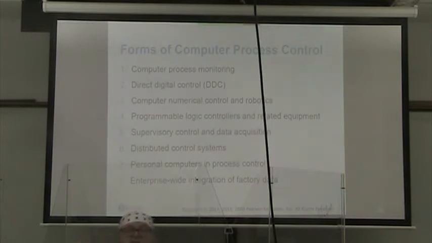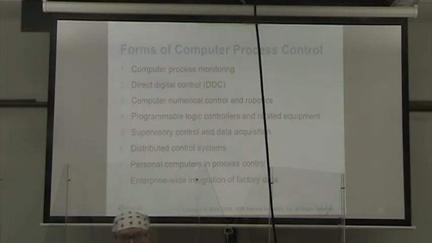So our forms of computer process control can be computer process monitoring, direct digital control, or DDC, computer numeric control and robotics. We may have programmable logic controllers and equipment that is related to that. We may have supervisory control, and we're acquiring data at the same time. We may have a distributed control system.